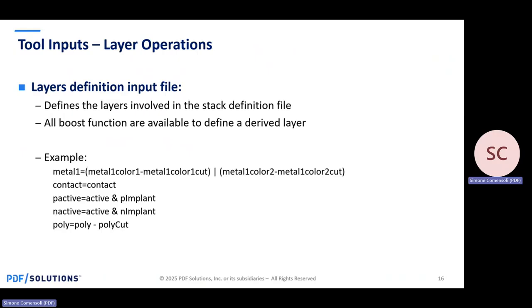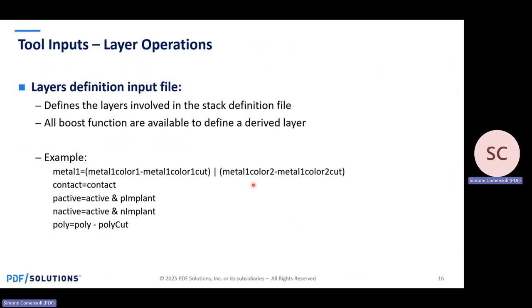The second key input is the file containing the layer operations. It defines how each functional layer is constructed using operations performed on the raw layers. And the syntax comes from the Boost Polygon library. Here I just show a simple example.